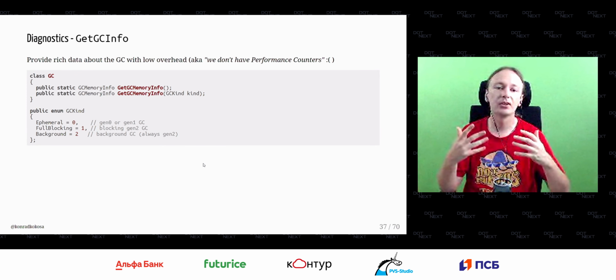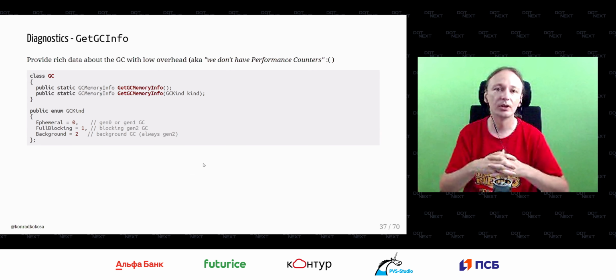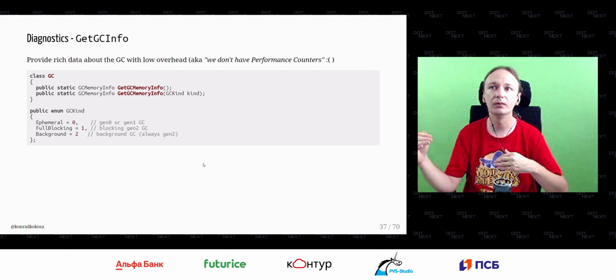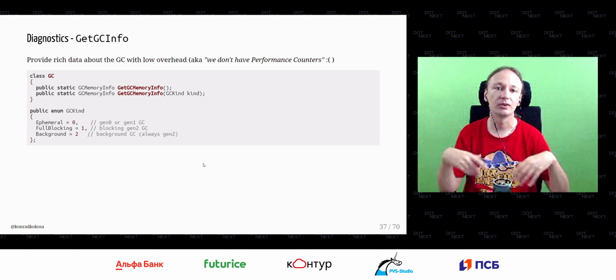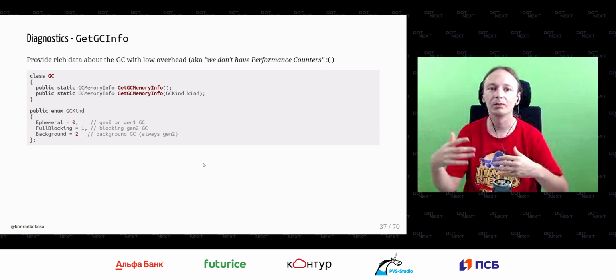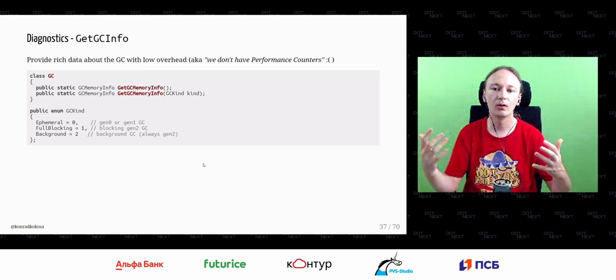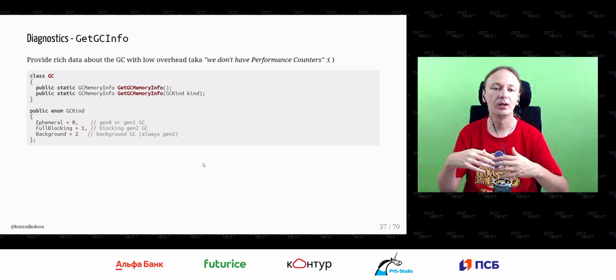What is much nicer to use is an upcoming API called GetGCMemoryInfo, which provides rich data about the GCs with very low overhead, because in fact they are just getting information that is already inside the .NET runtime, and it is just exposed. Such a call will provide you information about the last GC that happened.